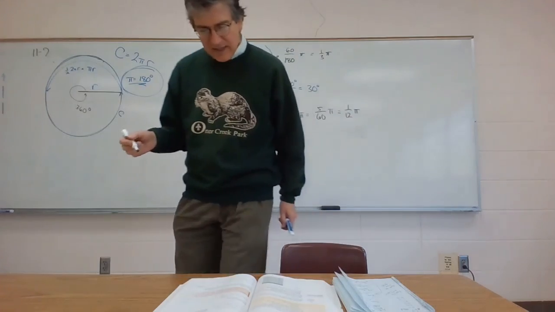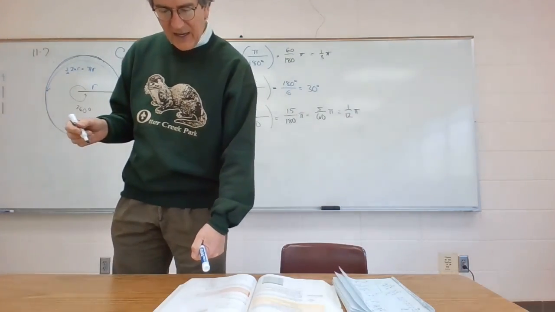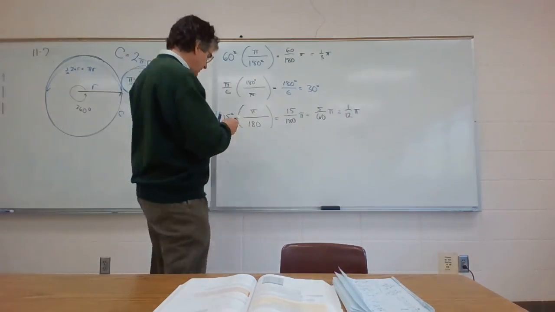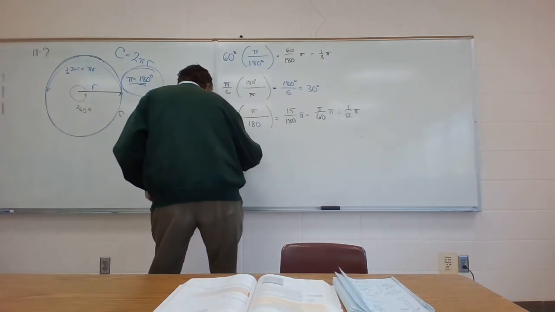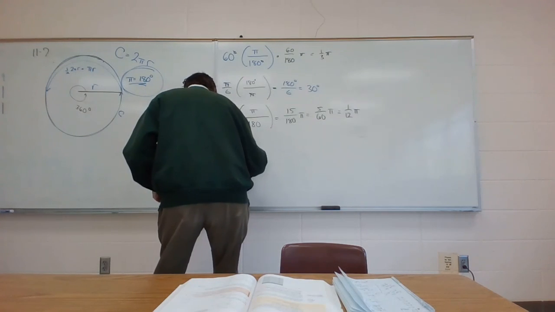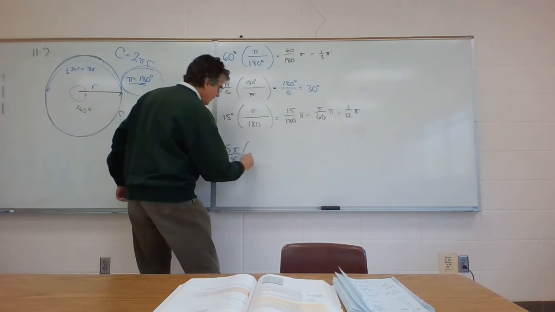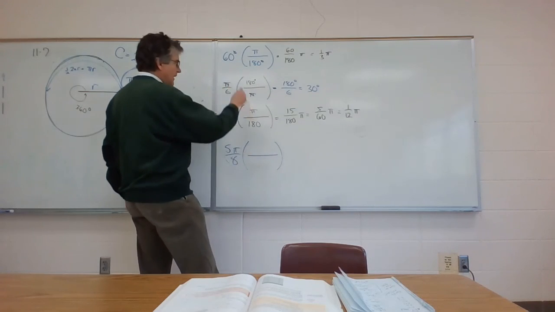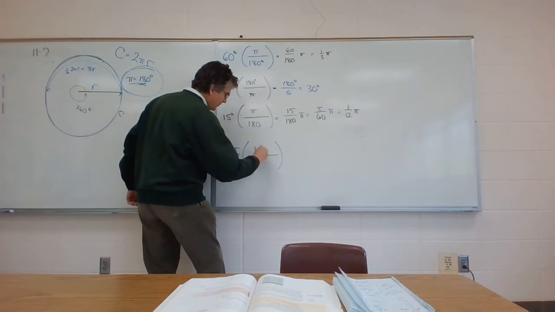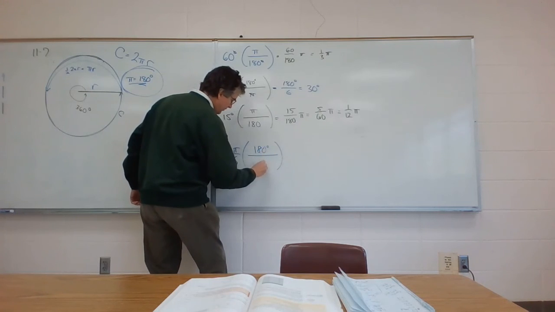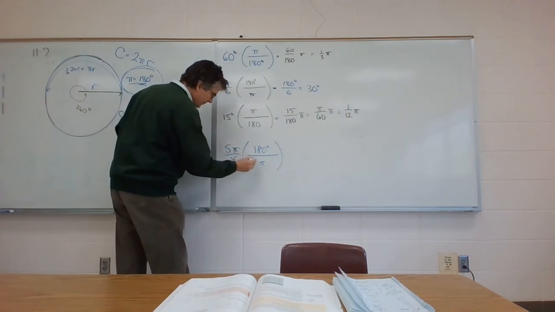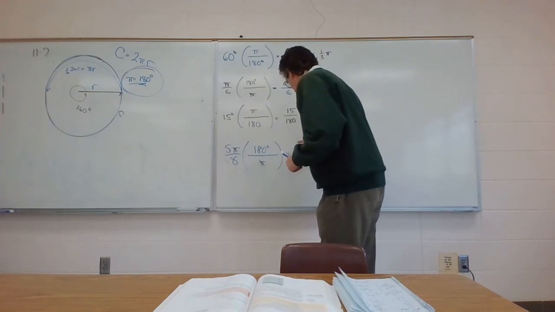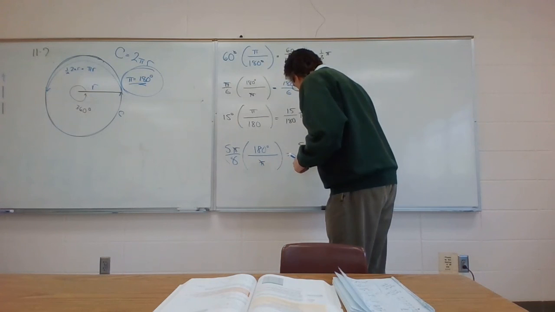And then the next one is 5 pi over 8 into degrees. I want to change it to degrees, so that's 180 degrees over pi. So now I've got 5 times 180 divided by 8.